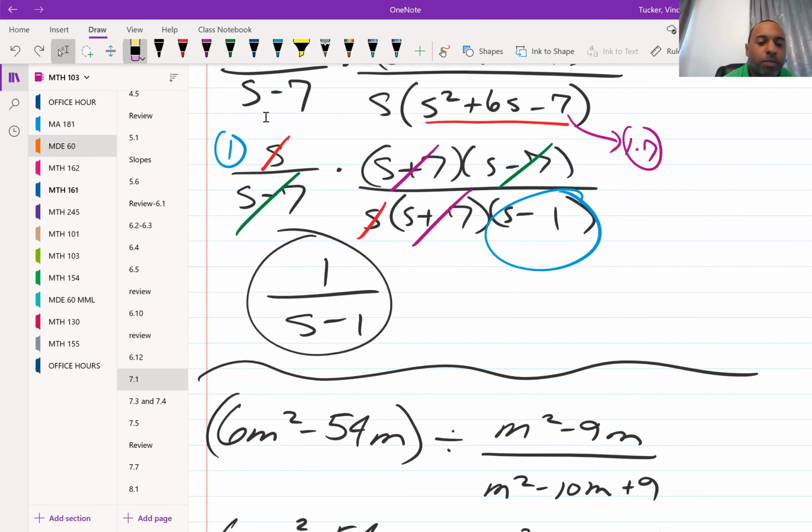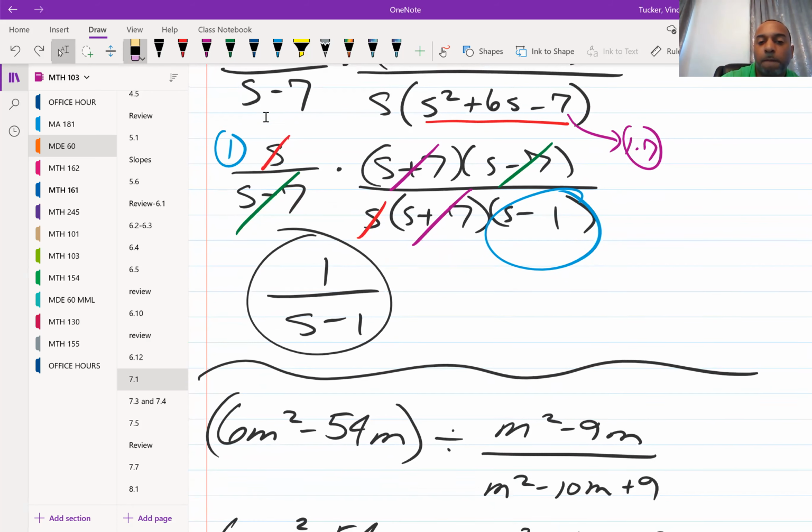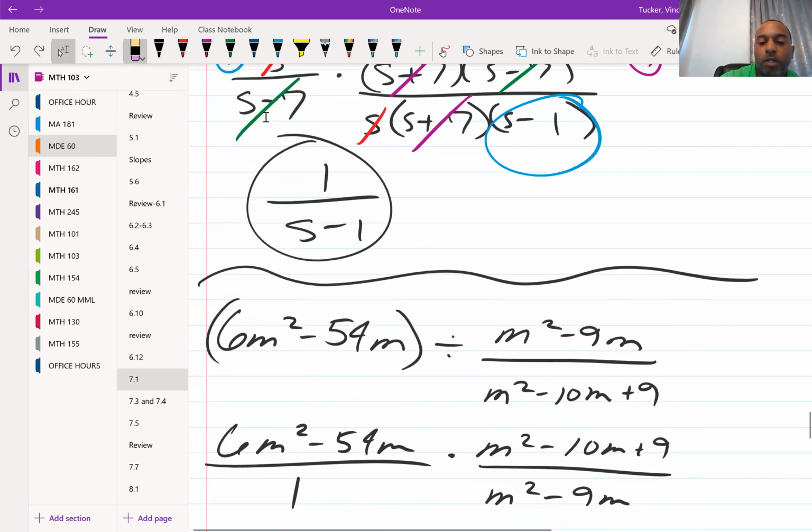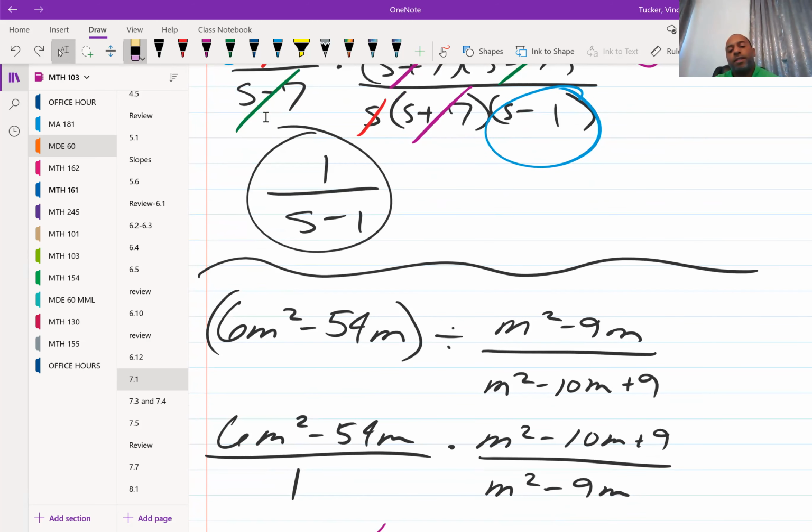All right, next one: (6m squared - 54m) divided by (m squared - 9m) over (m squared - 10m + 9), excuse me. So once again, flip that following fraction, change division to multiplication.